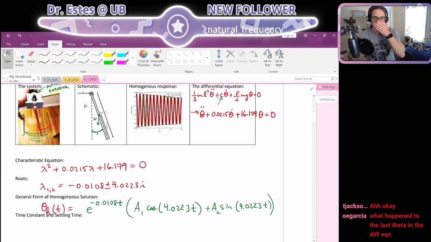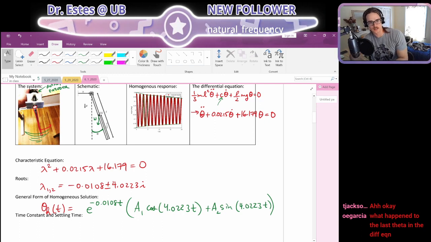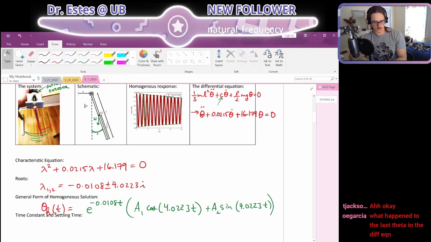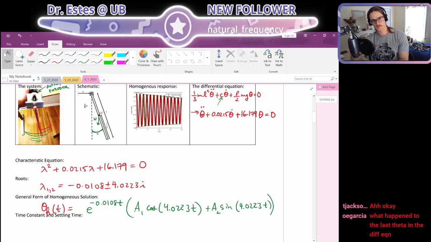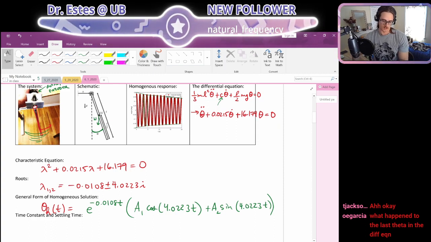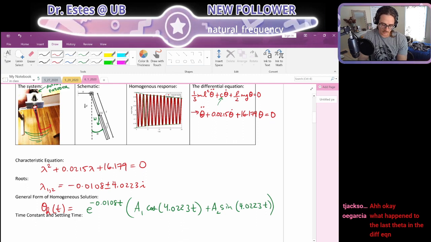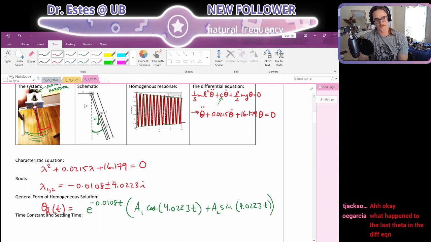Okay. Time constant and settling time of a second order complex conjugate system. So before I told you it's related to how quickly the envelope decays to zero.